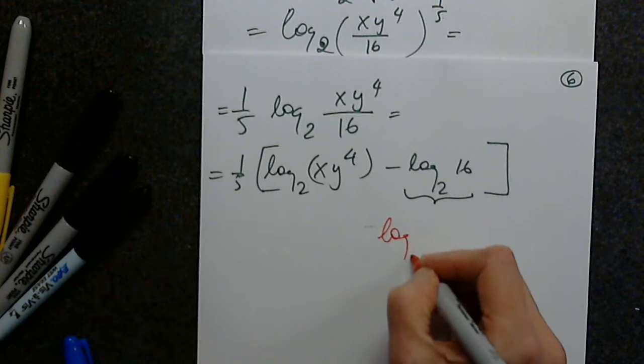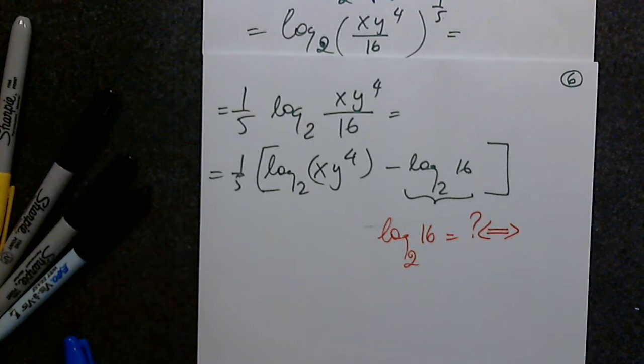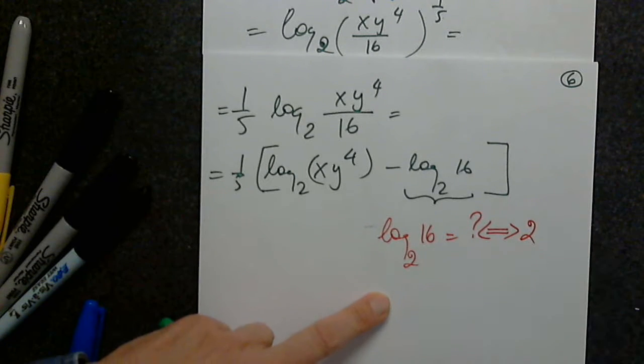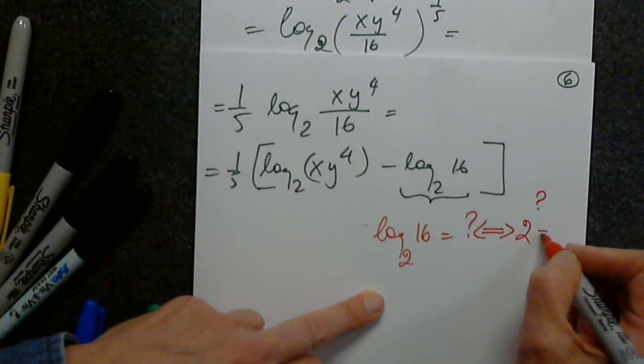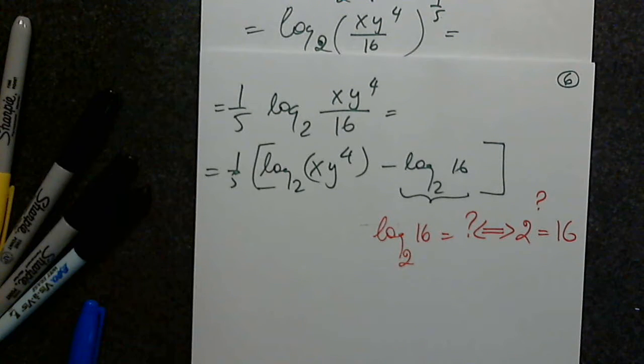So log base 2 of 16 is some number, but I know that I can change this into the most important concept in this chapter. Yes, 2 raised to question mark equals. Very good. So is there a number that I raise 2 to a power to get 16? Very good. Awesome. Well done. So now I can continue.